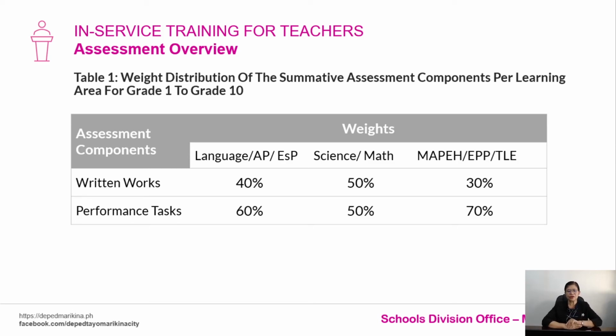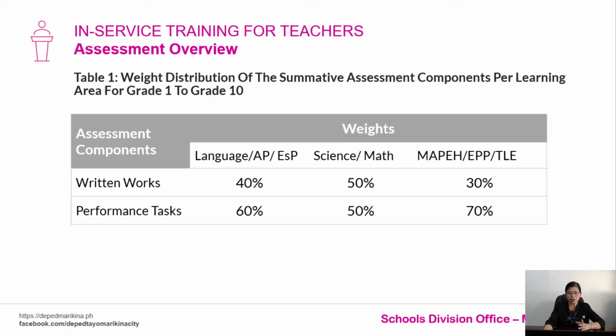Now observe how the percentages are distributed. You can see here that the bigger percentage is given to the performance task. Why? Because we would want to know if the learners have mastered the content or the skills that they have learned from the different subjects, then they would be able to perform the task given to them. So in so doing, the bigger percentage is given to the performance tasks.